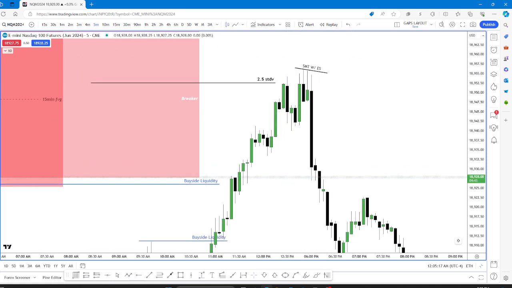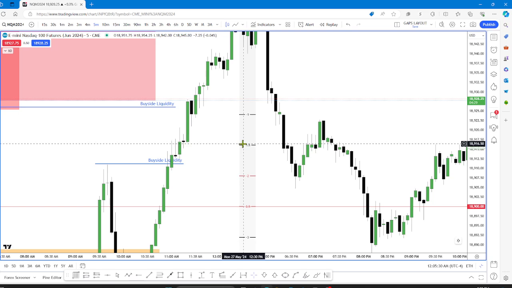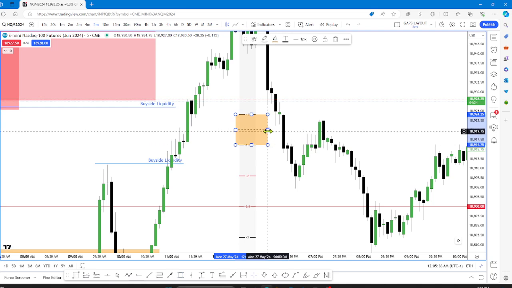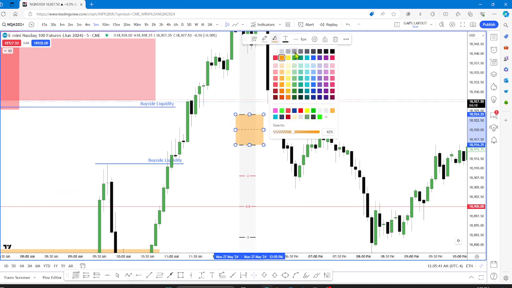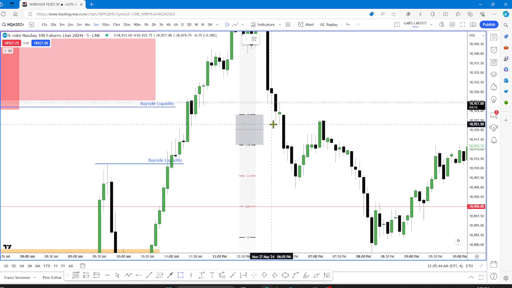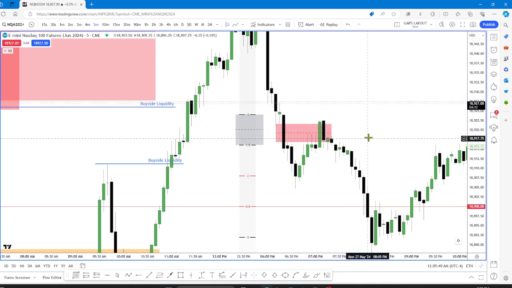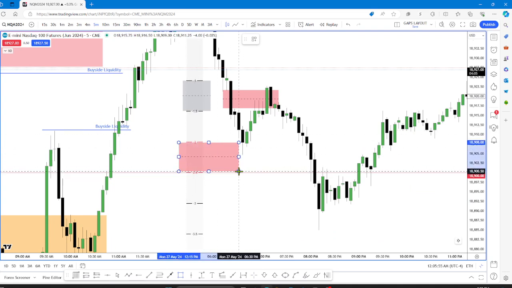There's a breaker formation here. So what can we do? Well, we measure from the breaker high down to the low. Measuring from down, 1 to 1.5, silver bullet area, we get this bearish gap. -2 to -2.5.